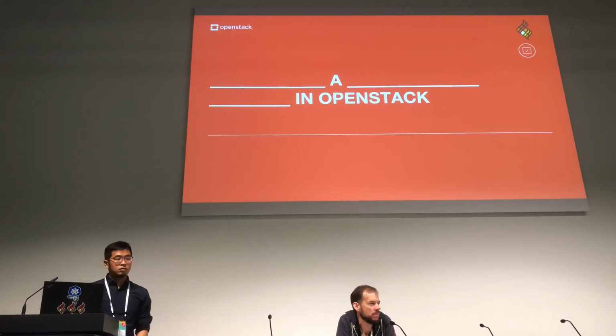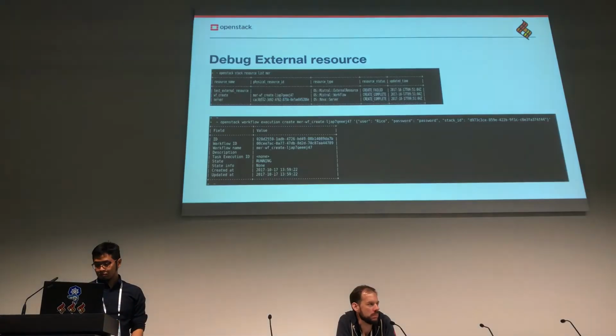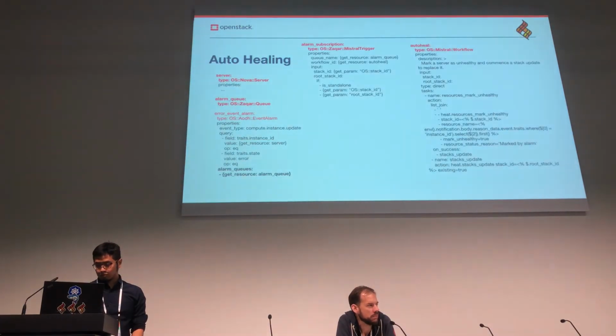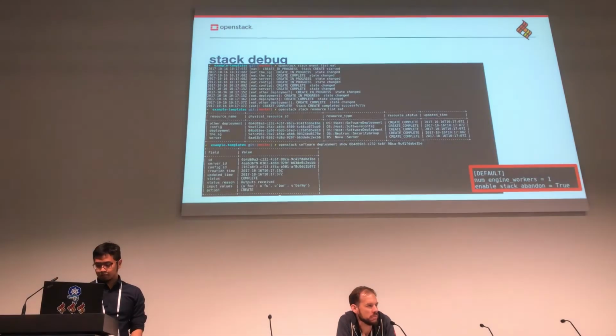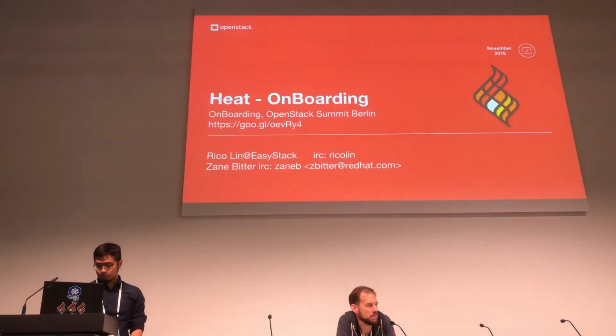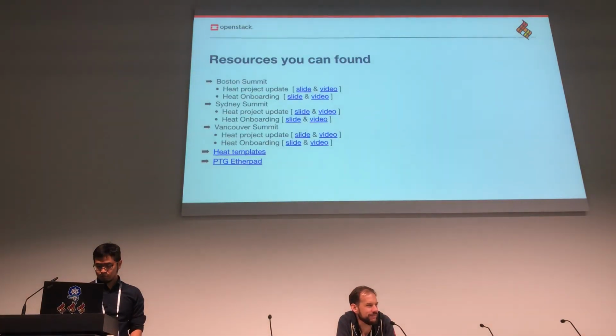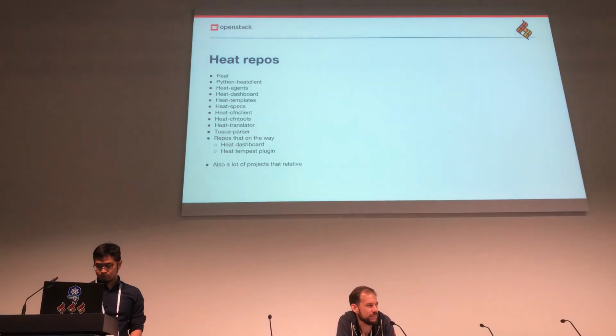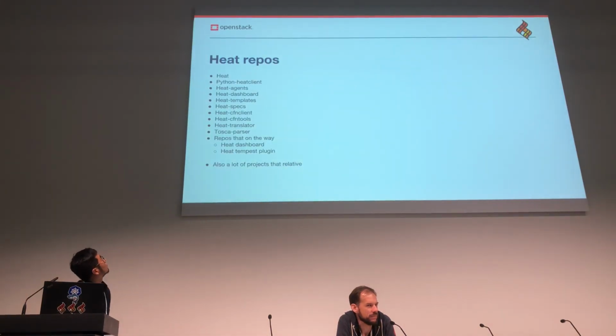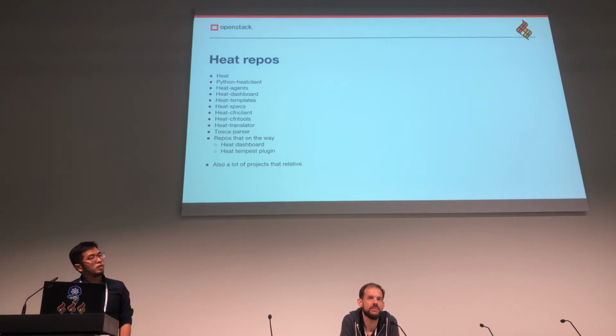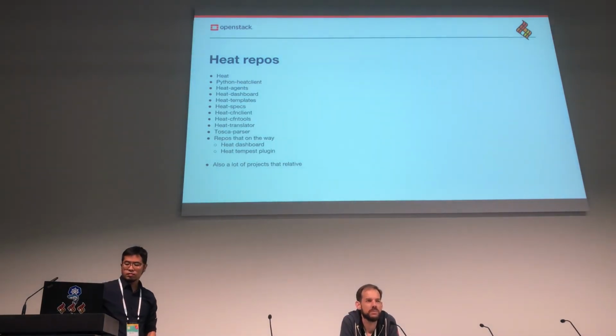There's, I think Rico had the link somewhere, about Heat templates. This is the official repo maintained by the Heat community, which has not, I would say, production-level stacks and templates, but examples of templates showing how to use various pieces of functionality Heat provides. There you can find examples of using wait conditions.